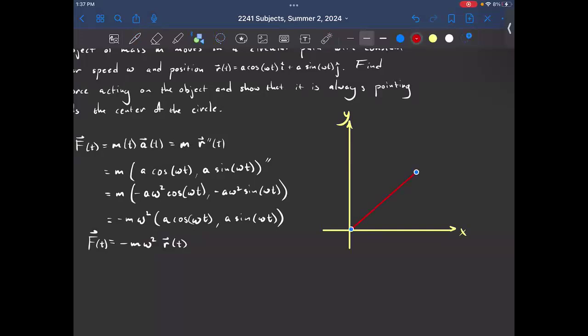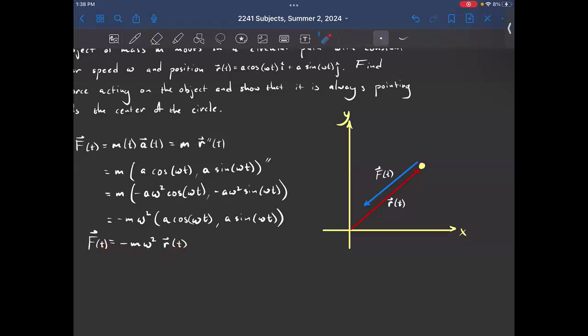Here's r, vector r of t. And then my vector F is going to act in the opposite direction. And it might act with a different length. So the vector here is going to be either shorter or longer. But it is acting in the opposite direction, and that is for every value of t here.